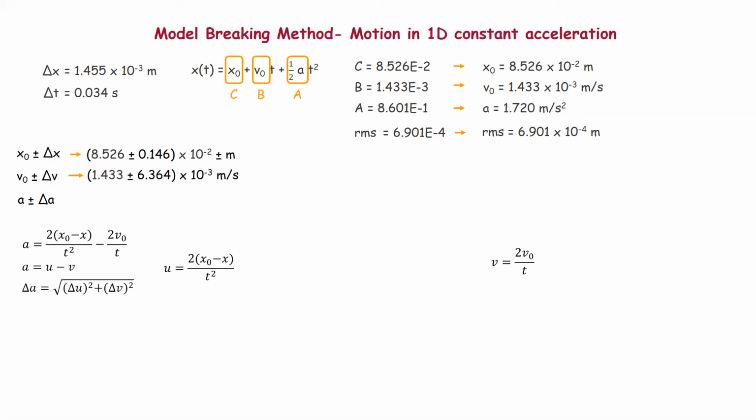The next thing is that we have to calculate what delta U is and what delta V is. What is U? U is 2 times x minus x0 divided by t squared, and if you know u in terms of x and t, you can calculate delta u in terms of delta x and delta t.